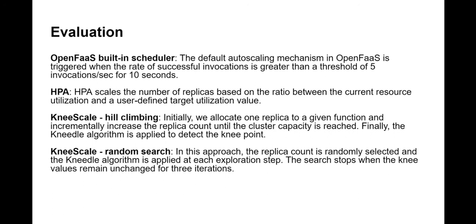The fourth is KneeScale random search. In this approach, the replica count is randomly selected, and the Kneedle algorithm is applied at each exploration step. The search stops when the knee values remain unchanged for 3 iterations.